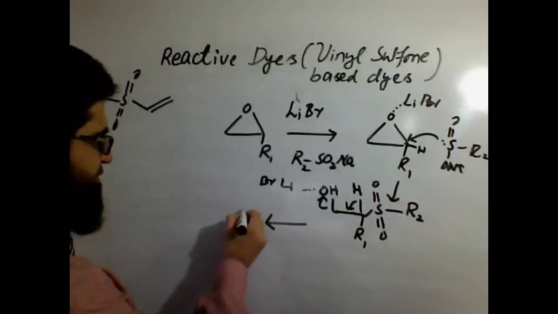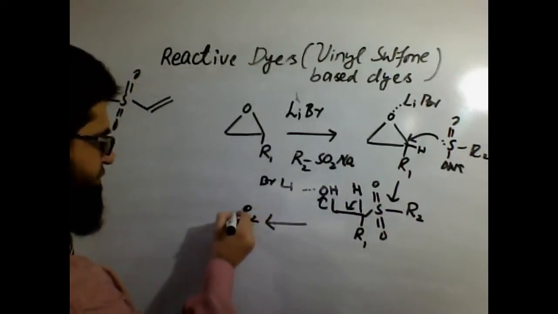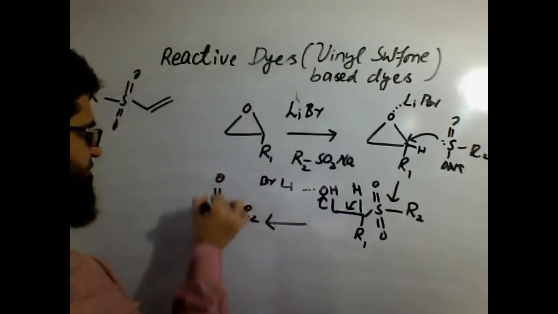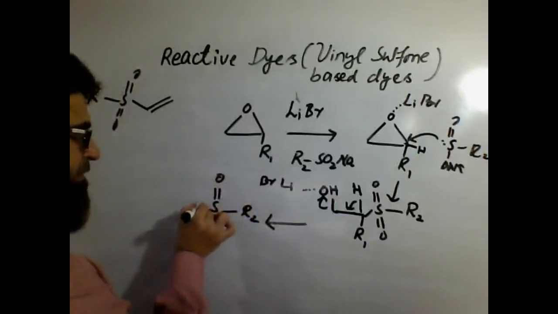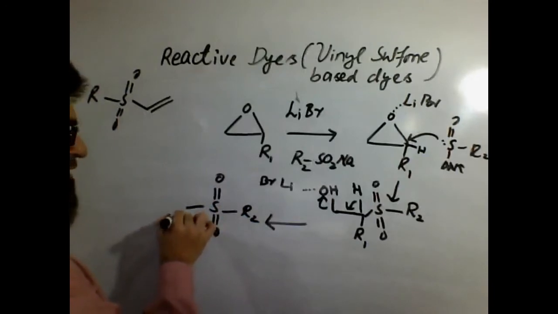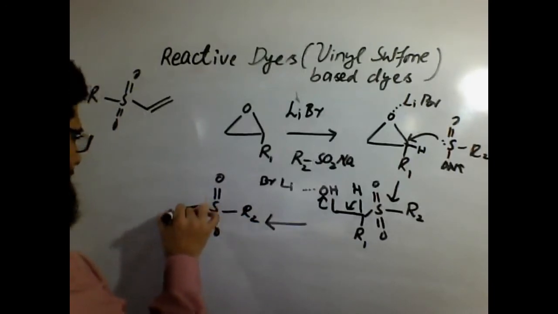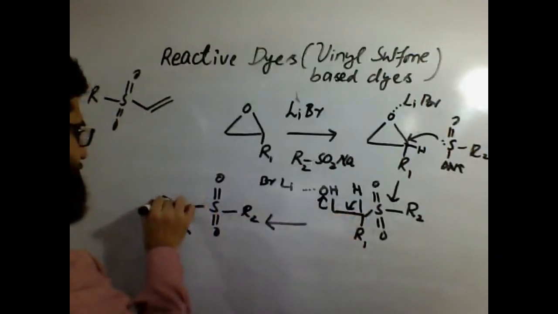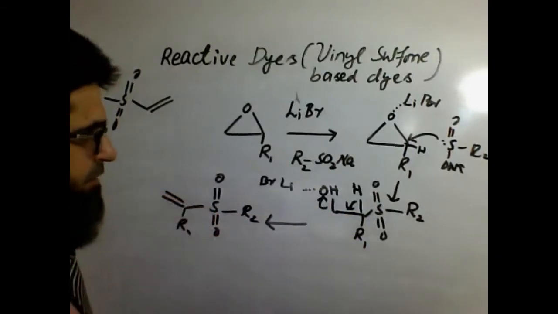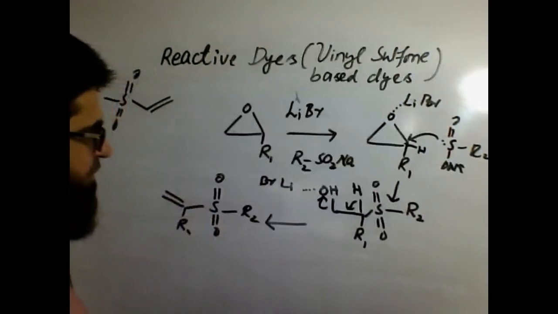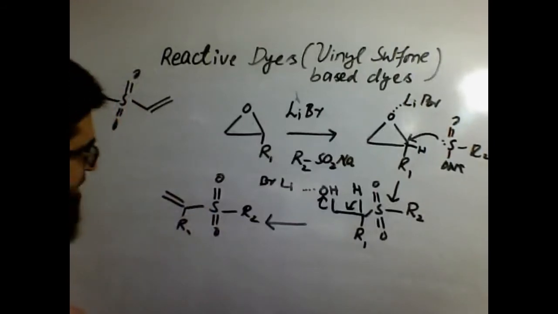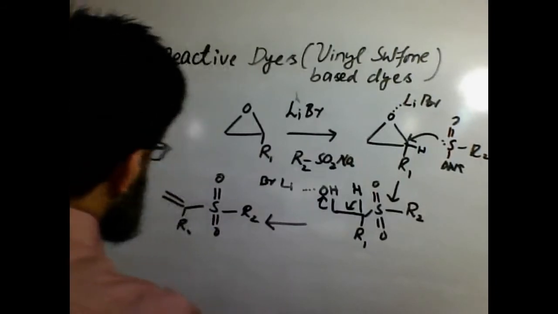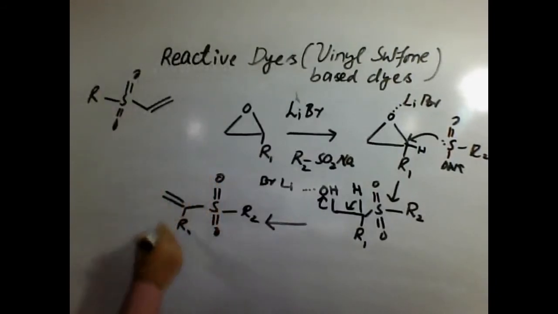Resultantly, we will have R2, and over here we have another R1, and a double bond is generated over here in the form of a vinyl group, so it is the structure which carries the vinyl sulfone.